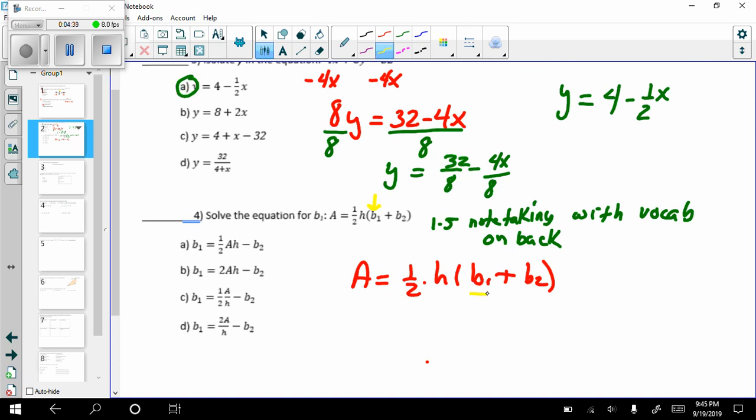That is what stays. So let's move the 1/2. This is division, 1 divided by 2. So the inverse of that would be to multiply times 2 on both sides. So then we have 2A equals, and these cancel, H times B1 plus B2.